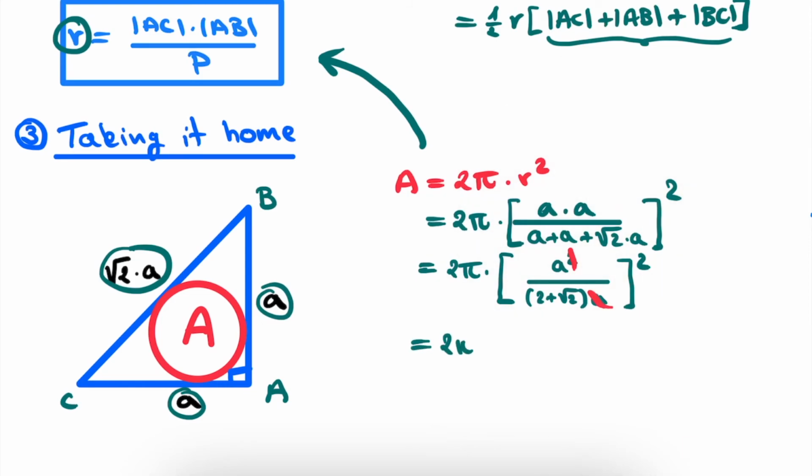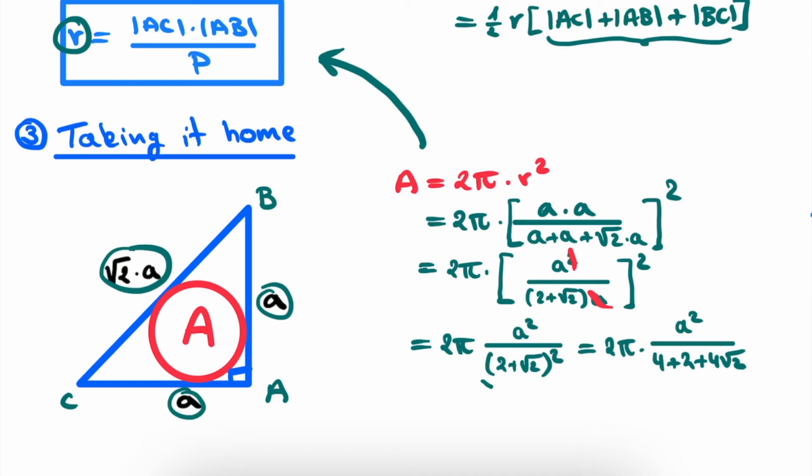So we get 2 pi multiplied by A squared divided by 2 plus square root of 2 squared, which is equal to 2 pi multiplied by A squared divided by 4 plus 2 plus 4 times the square root of 2. Simply calculating this square right here.